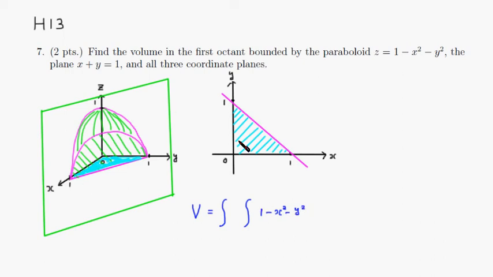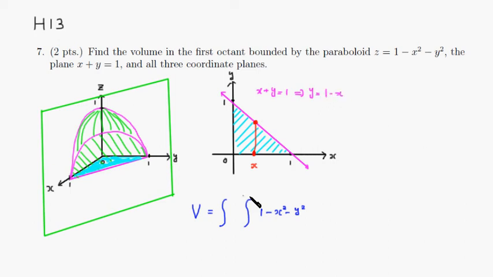We can do it either way, but let's fix the x value. For a fixed x value, y is going to go from this point all the way to the line there. The equation of that line is x plus y equals 1, but we can solve for y, so y equals 1 minus x.